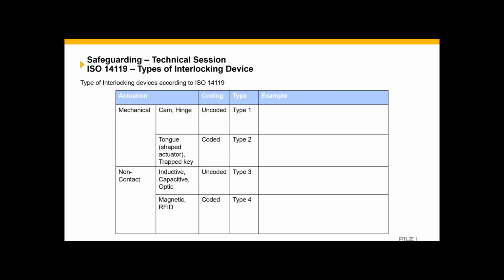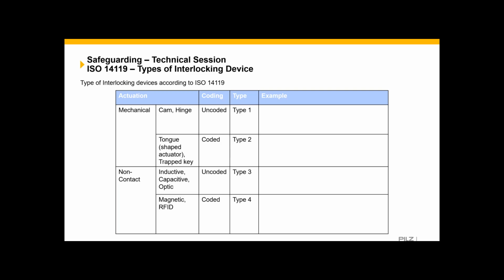The difference between those is the uncoded or the coded part, and then they're broken down into types: either type 1 for cam or hinged, type 2 for tongue-shaped actuators and trapped key, type 3 for inductive, capacitive, and optic, and type 4 for magnetic and RFID.